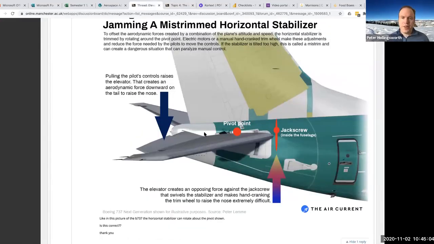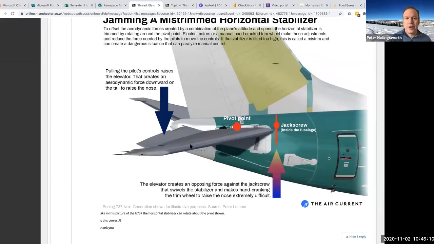So this is 737. This is not a MAX, believe it or not, but the stabilizer works the same. So nose down trim, the way they do it on an aircraft like this is they increase the angle of attack on the stabilizer. So it's generating more up force, and that wants to push the nose down.